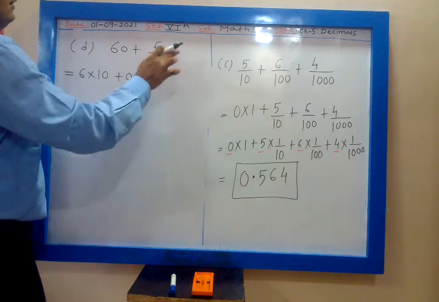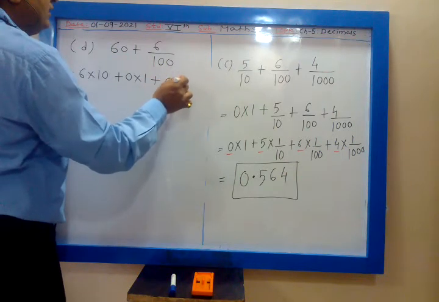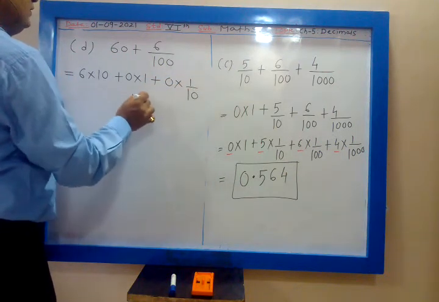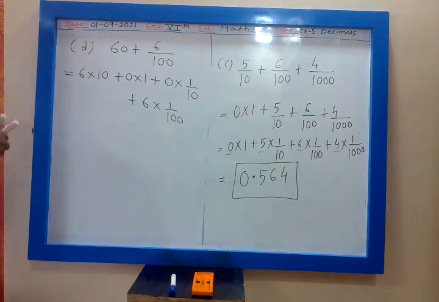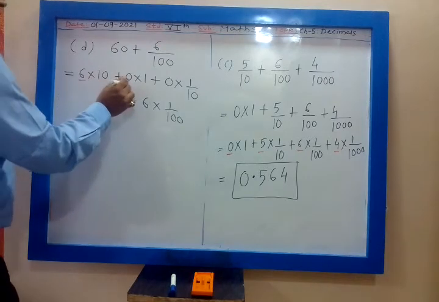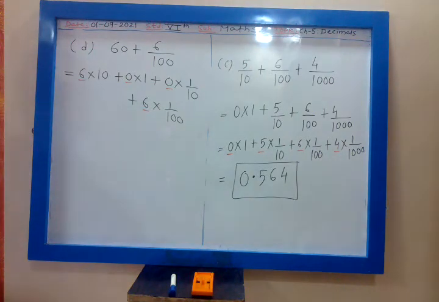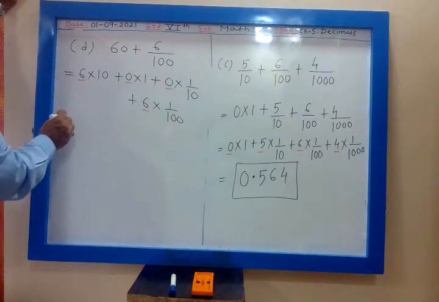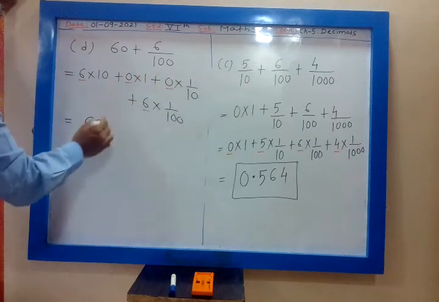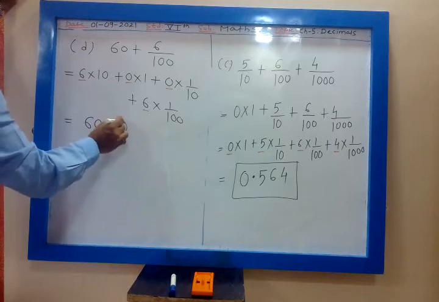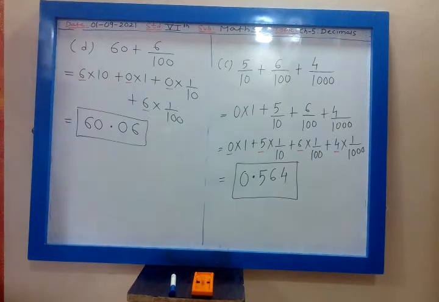Before 100 we have the tenths position, which is not there, so 0 into 1 by 10 plus 6 into 1 upon 100. So tens position is 6, ones position is 0, then the decimal, then 0, 6. 60.06 is the answer.